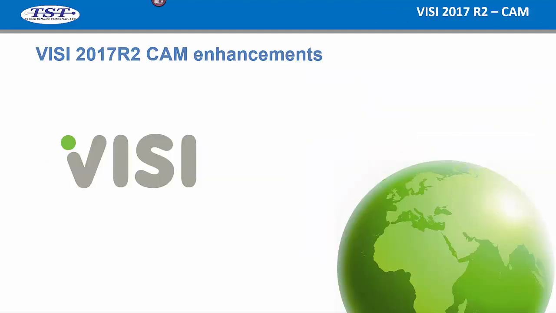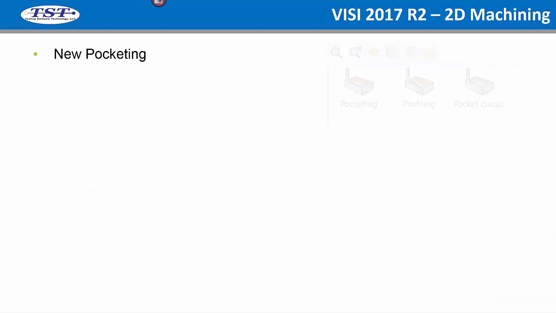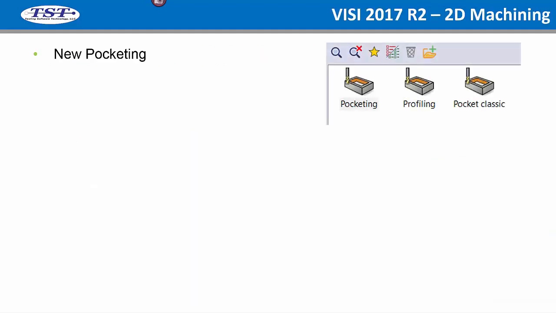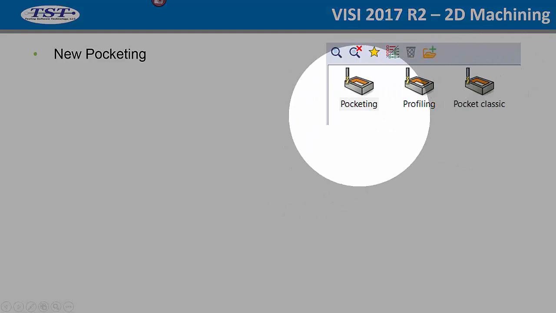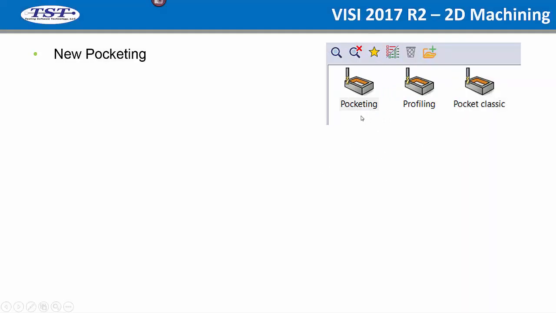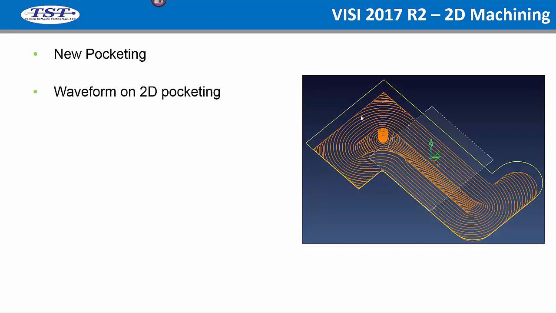So let's get to that bread and butter here. For all the guys who are coming to the R2, this is what we're going to see as far as enhancements. We are going to see new pocketing. Note, we have pocketing classic here and pocketing. So we still get the ability to use that classic pocket, but this new pocketing is going to allow us to do the waveform.